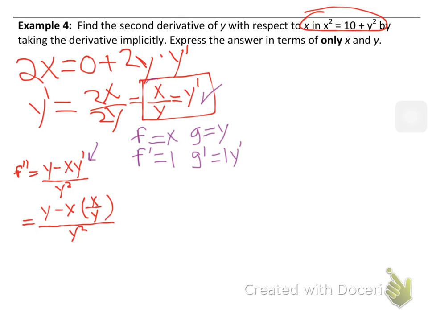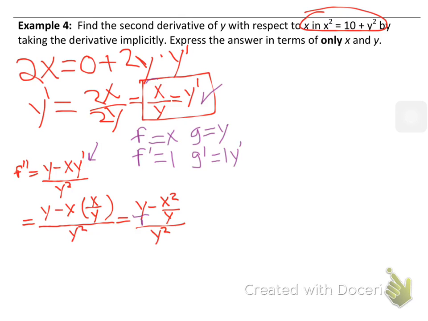Okay, and of course if we were to continue to simplify this, we'd have y minus x squared over y, divided by y squared. So we can go ahead and find a common denominator on that y.